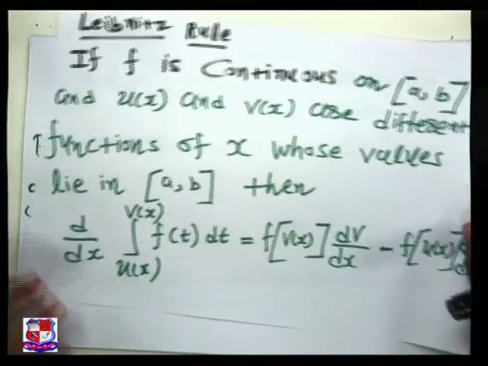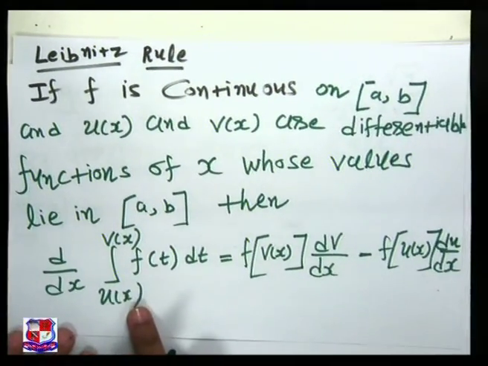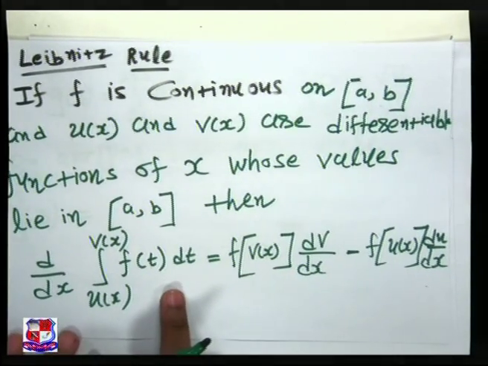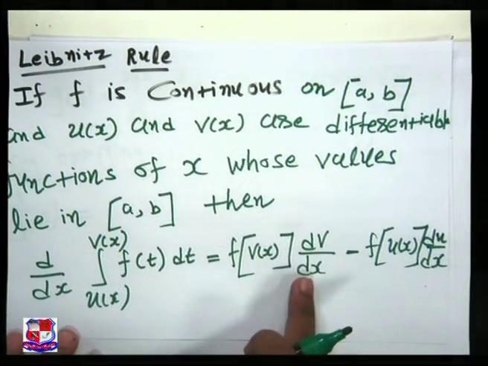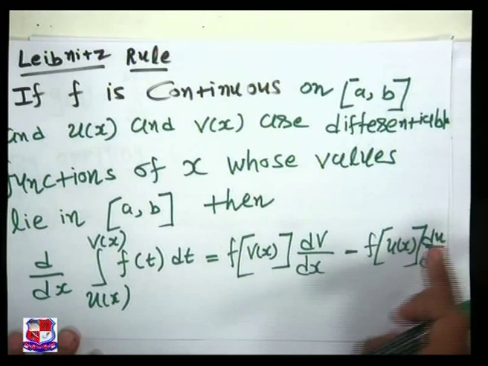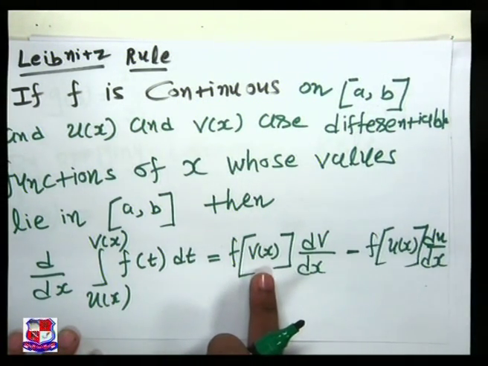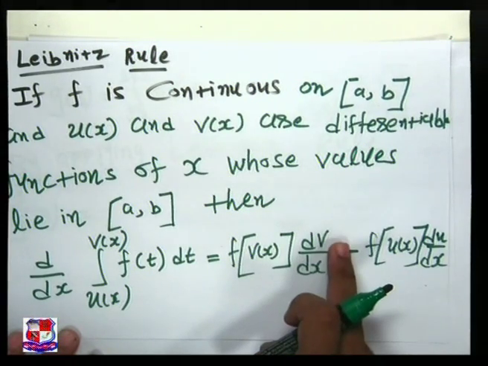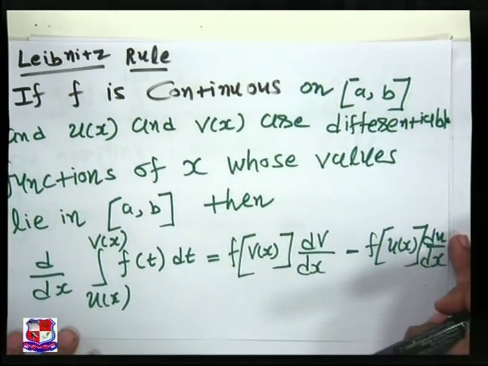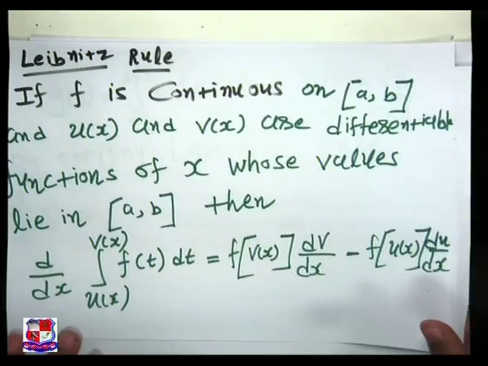You can see d by dx of integration ux to vx f of t dt is equal to f of vx dv by dx minus f of ux du by dx. So f of t is sin square t, v is equal to 2 root y, and u is equal to root y.